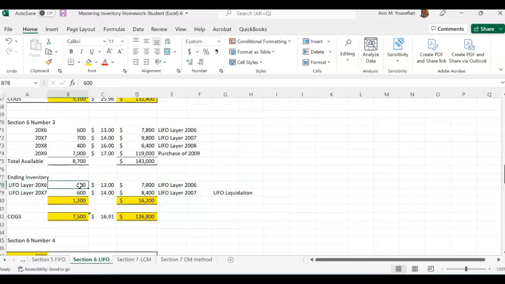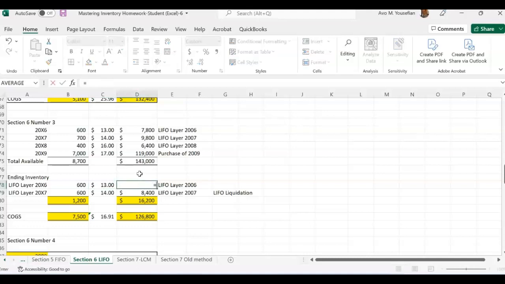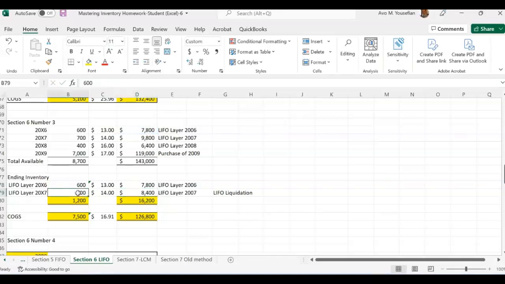So this 600 units is coming from here, and the average cost is 13, but that's not good enough. So we go to 2017 and we pick another 600 units, and the average cost is $14 in that case.